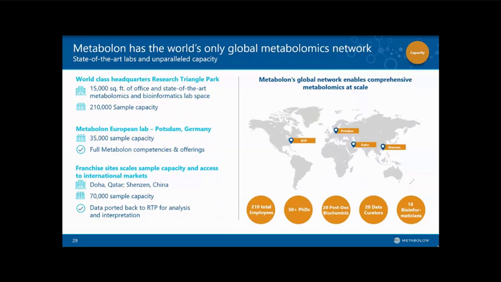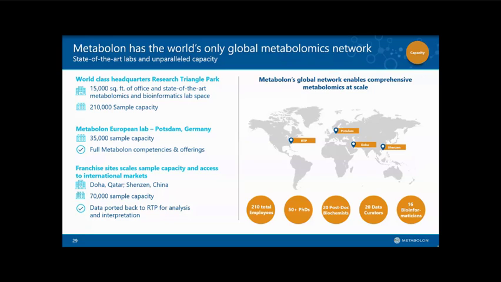The final important aspect of a successful metabolomics study is capacity. Metabolon has the world's only global metabolomics network, meaning that we have labs in multiple places around the planet where samples can be run. We have a lab in Research Triangle Park in North Carolina in the United States, in Potsdam in Germany, in Doha in Qatar, and in Shenzhen in China.